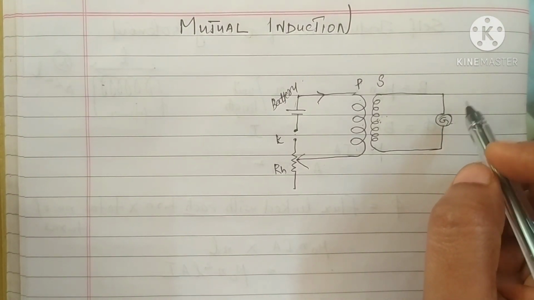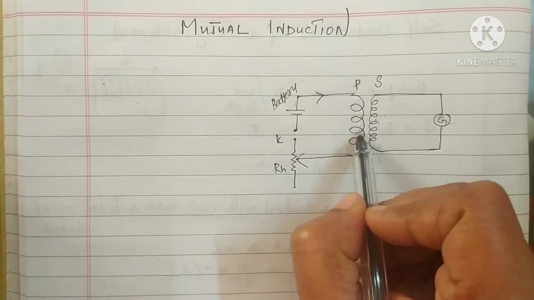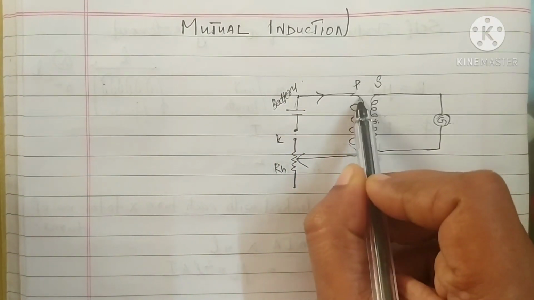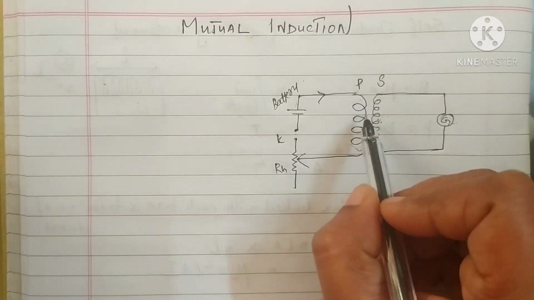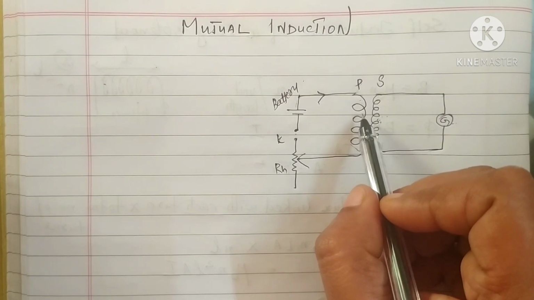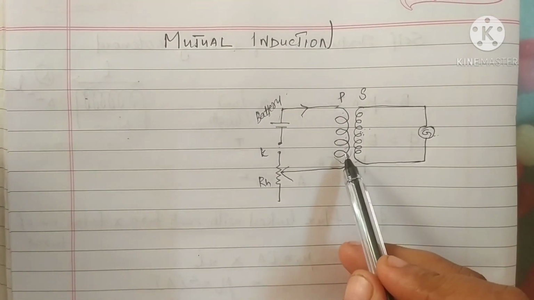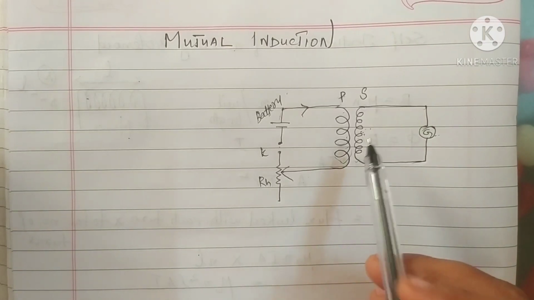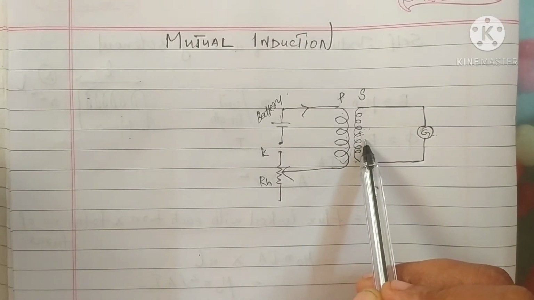Once again, we are passing current through the primary coil. As a result, a magnetic field is produced, and when you increase the current, there is a change in the magnetic flux. So if the current in the coil P is changed, the magnetic flux linked with the coil S also changes and induces an EMF.